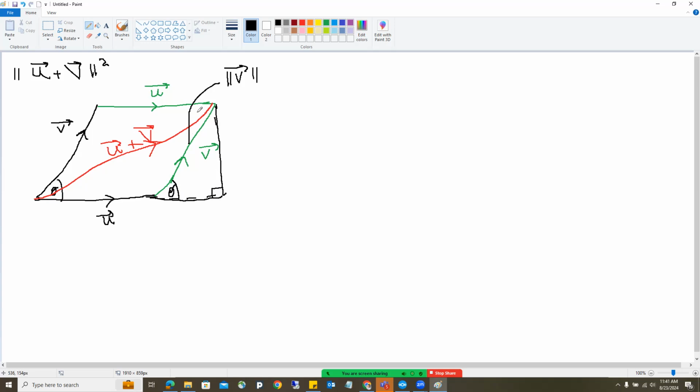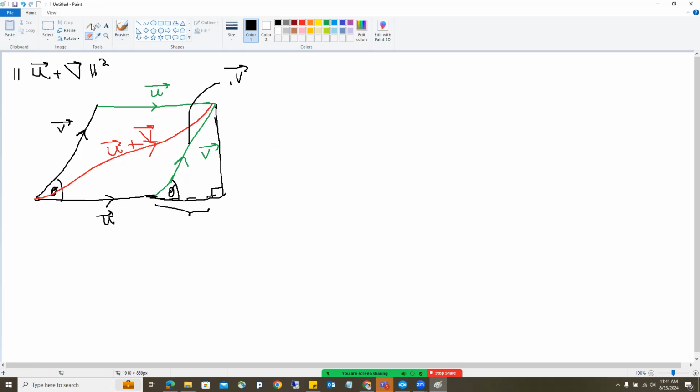Now, since we have this length as vector v, this length will be magnitude of vector v cos theta, and this one will be v sin theta.